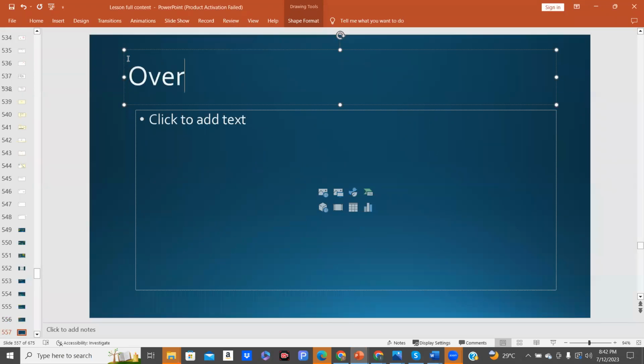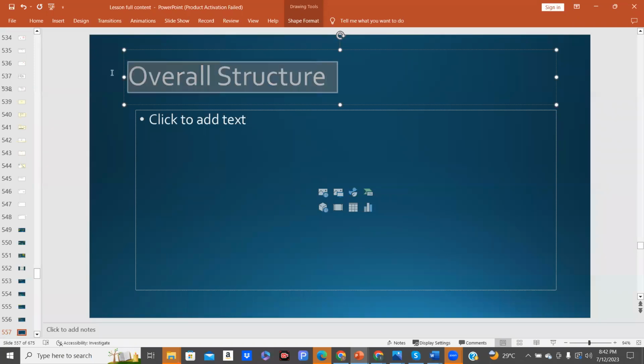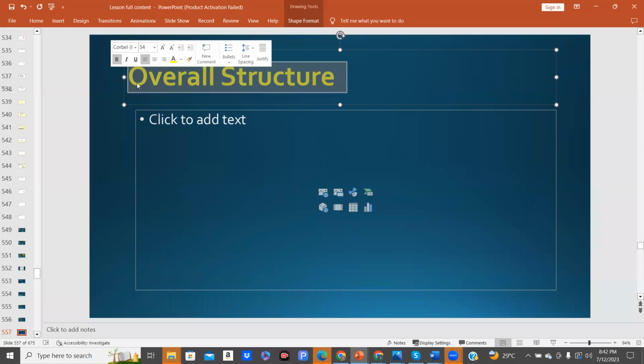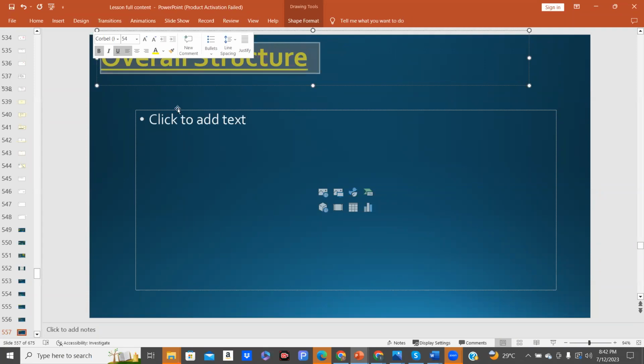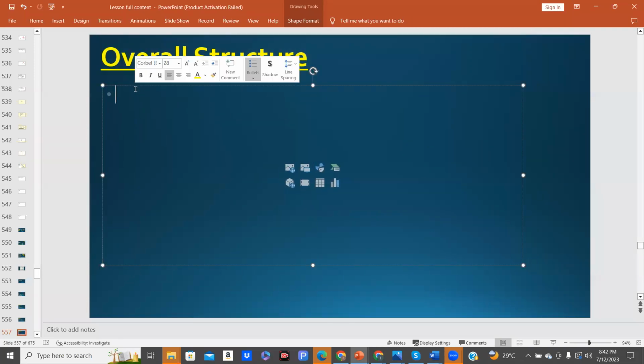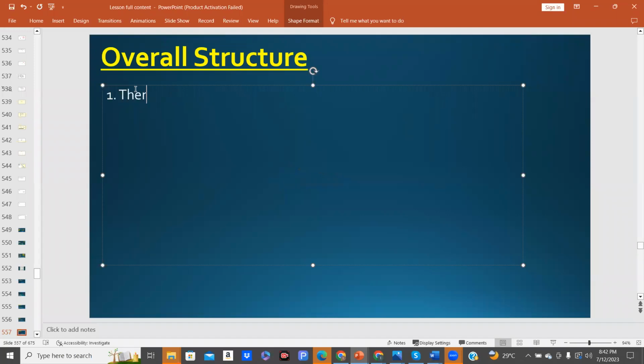So this one is overall structure. Number 1, there is a clear introduction. Number 2, there is a clear first body paragraph.